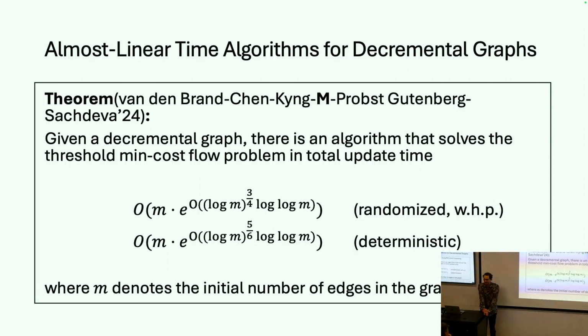Also, I have another question. You mentioned that undoing insertion is hard, right? But if I understand correctly, you just iteratively solve the LP. So what if you just have some persistent data structure to store all the LP solutions and undo the insertion?